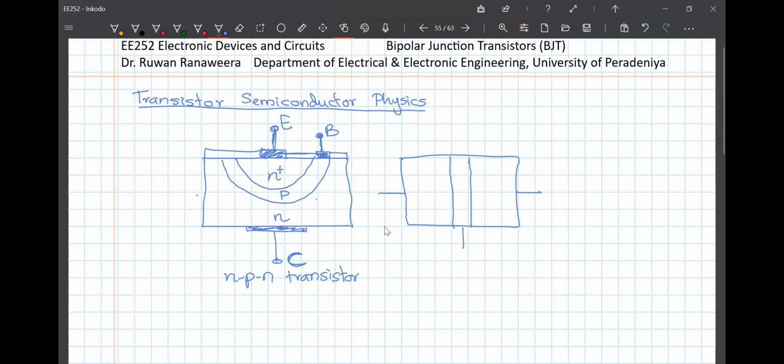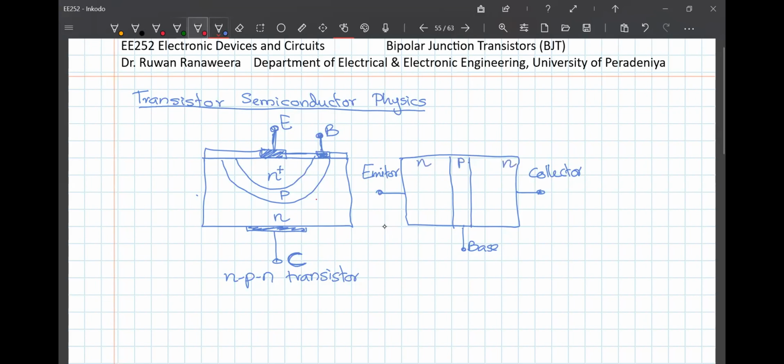This is my base. This is my collector, and this is my emitter. Okay, so we know that the emitter and the collector are of N type, and the base is of P type.